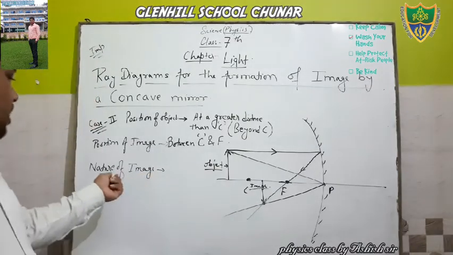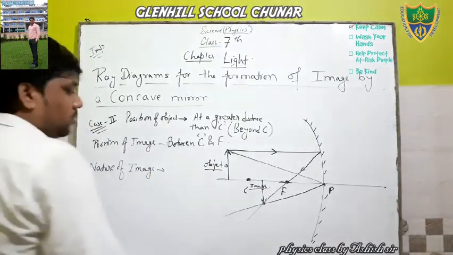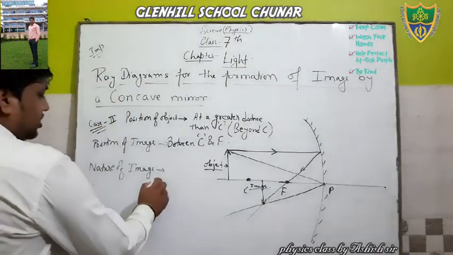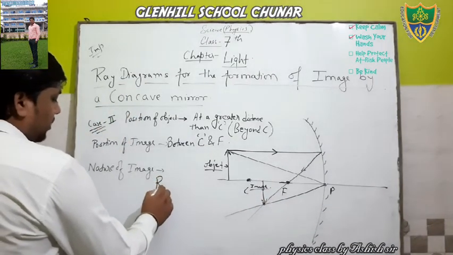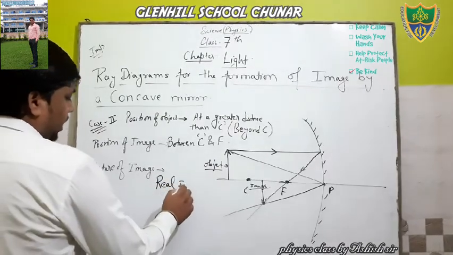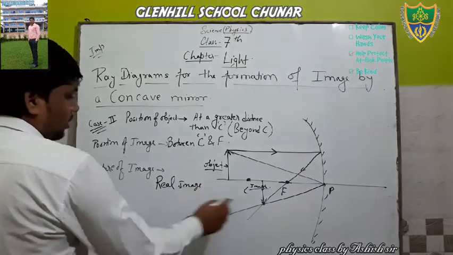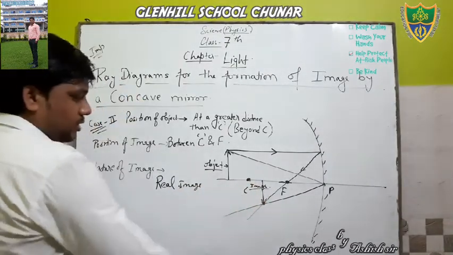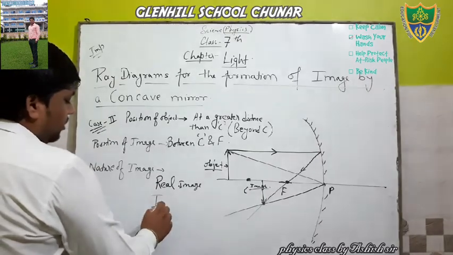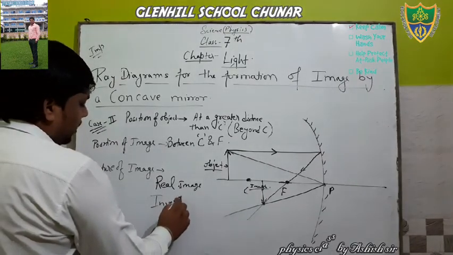And lastly, we have to find the nature of image. Light actually emits, so at this place we write what? Real image. And second, the image is inverted. Image is upside down, so the second nature is inverted.